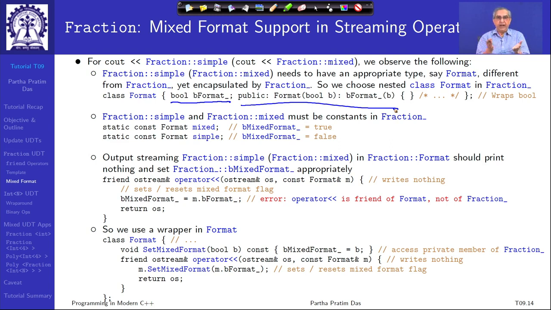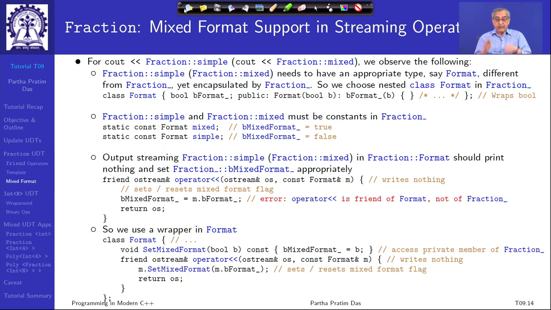So, this is basically a wrapper of bool, and given that we can make two static constant objects, mixed and simple, of this type format. In mixed, the format object will have the bFormat set as true, in the other one it will be set as false.